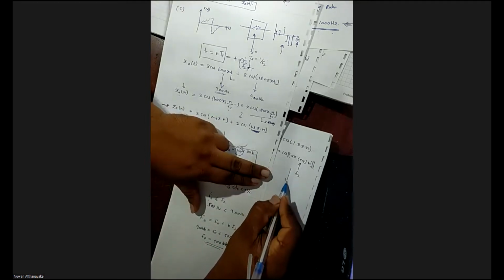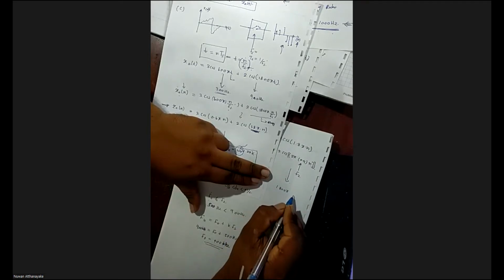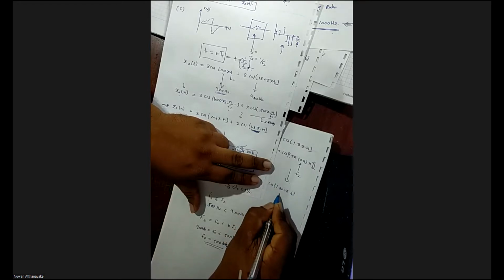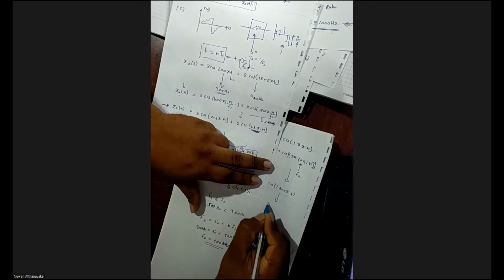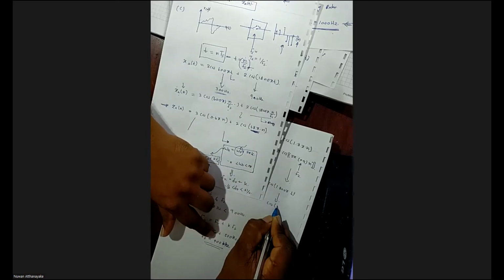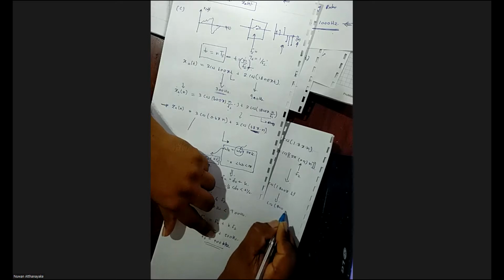If you are going to reconstruct this signal, you are expecting cos 1800πt, but you will not get this signal.